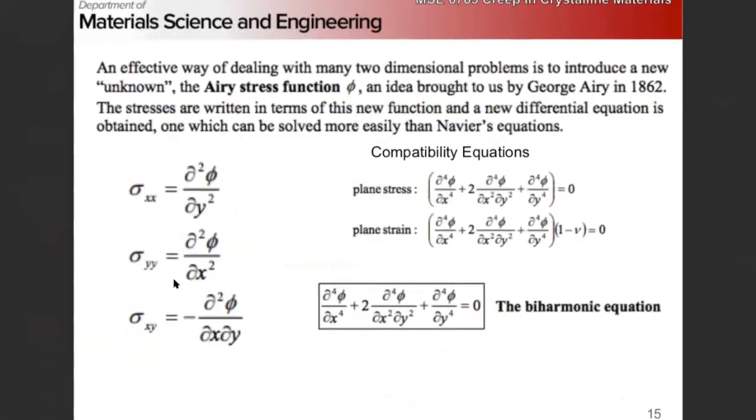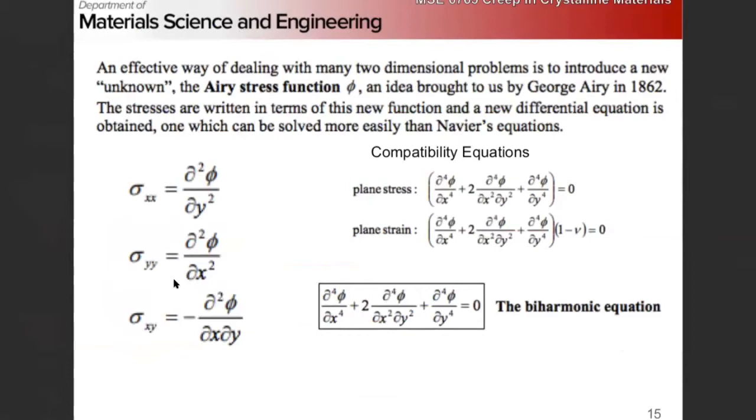Basically, the Airy stress function is a change in variables. We're going to have a differential equation in terms of compatibility and equilibrium, so we do a change of variables that guarantees that stress equilibrium is always satisfied. It's just a mathematical trick.